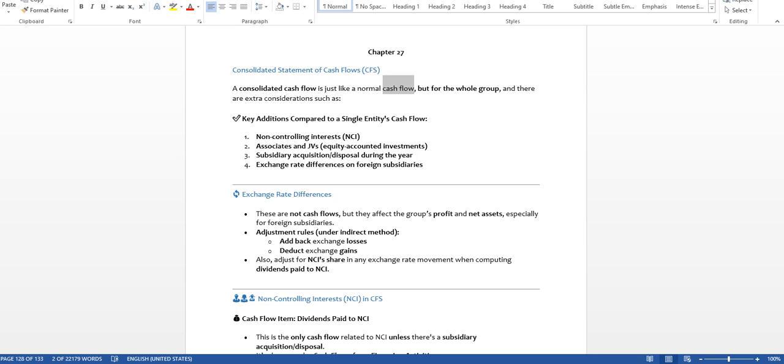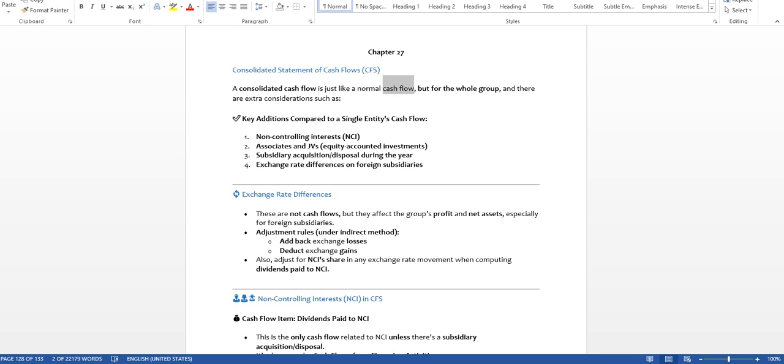Do you understand? Now that's it. Now, your statement of operations is your income statement. Aside from that, we have your statement of financial position.